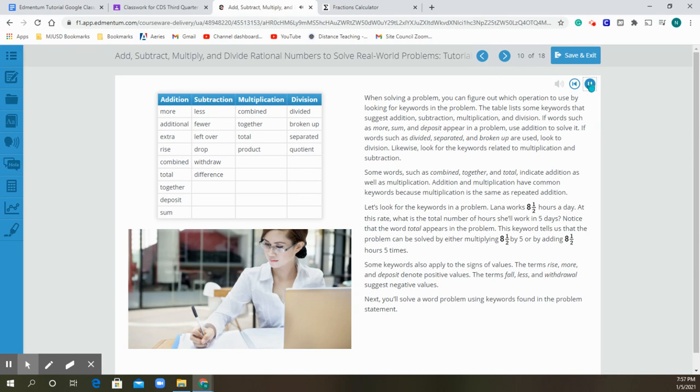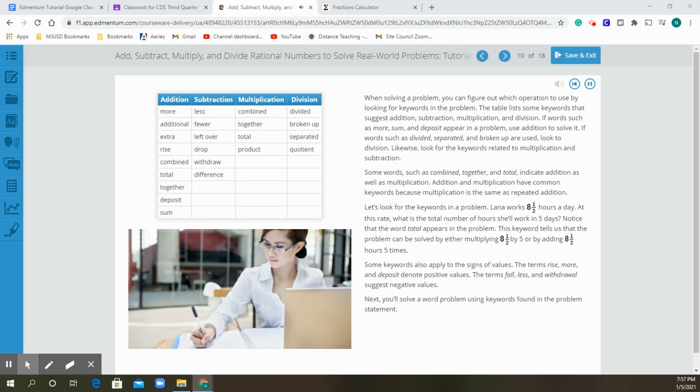When solving a problem, you can figure out which operation to use by looking for keywords in the problem. The table lists some keywords that suggest addition, subtraction, multiplication, and division. If words such as more, sum, and deposit appear in a problem, use addition to solve it.